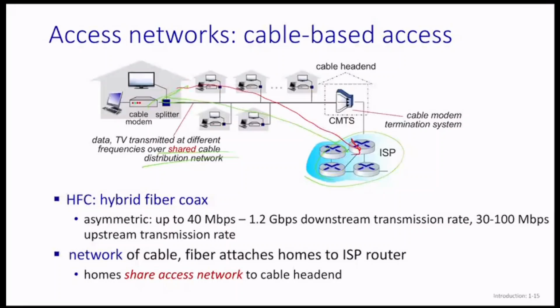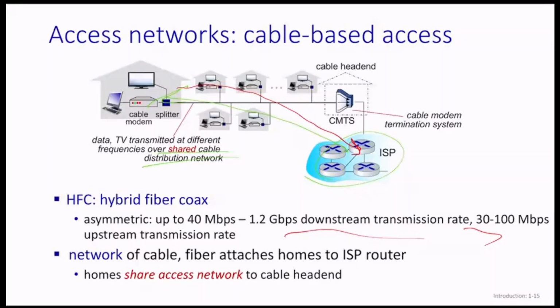Download means from the internet to the user. Upload means from the user to the internet. Based on this, we find this communication is asymmetric. That means the downstream transmission rate is higher than the upstream transmission rate.